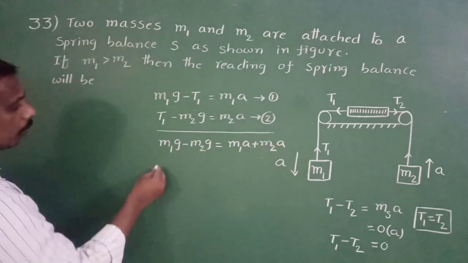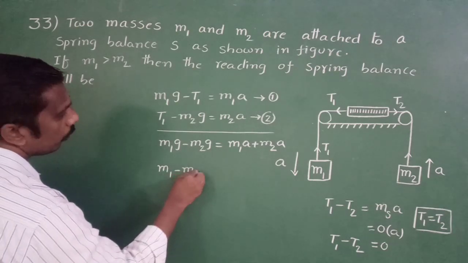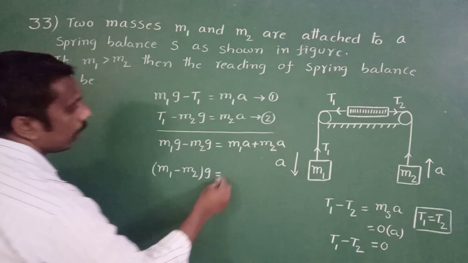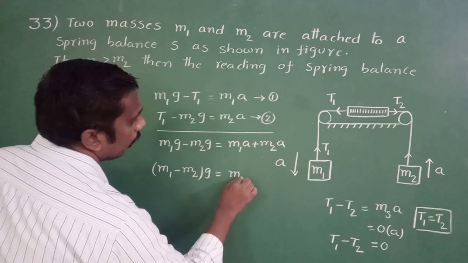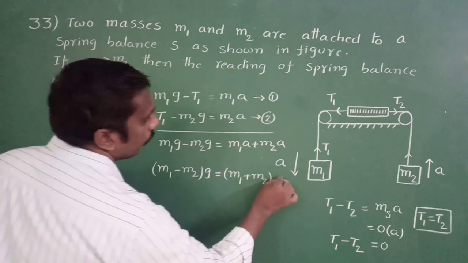Here you take g common, then we get (m1 minus m2) into g. In this you take a common, then we get (m1 plus m2) into a.